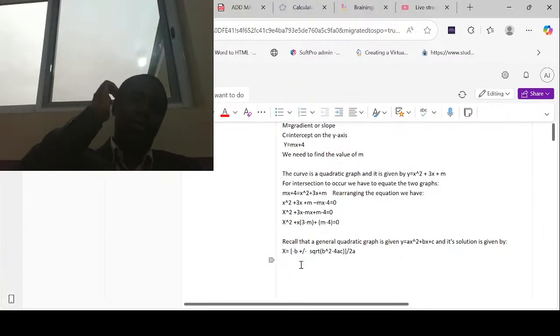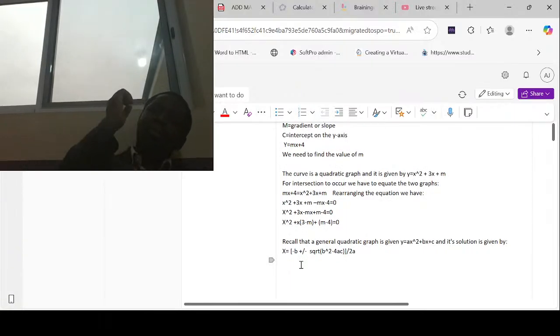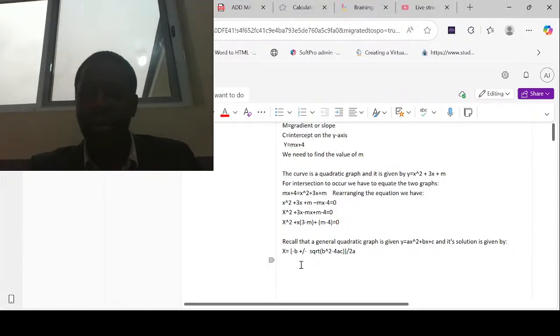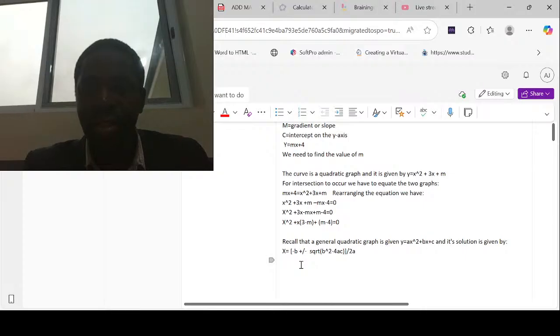So that's the almighty formula. The notepad doesn't have those equations, otherwise I would have been able to show it properly. Where a is the coefficient of x squared, b is the coefficient of x, and c is a constant.